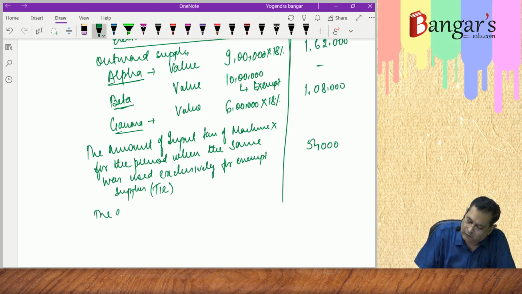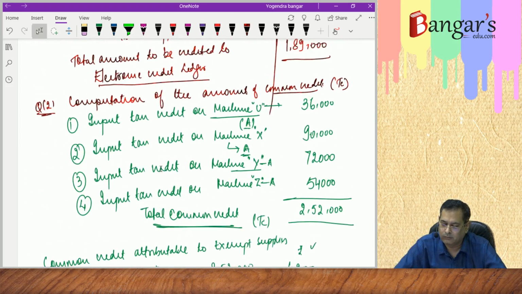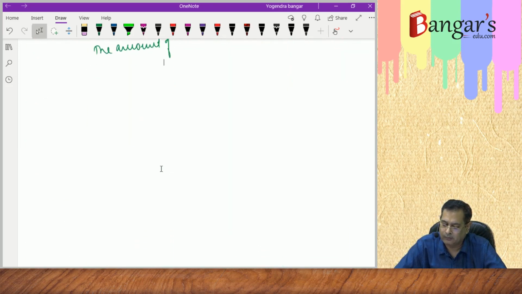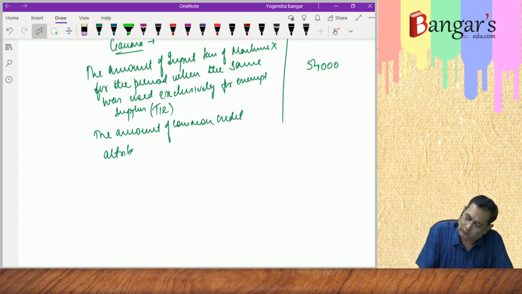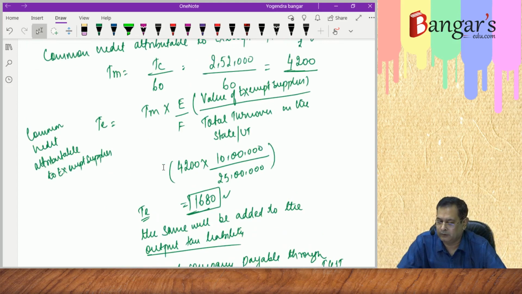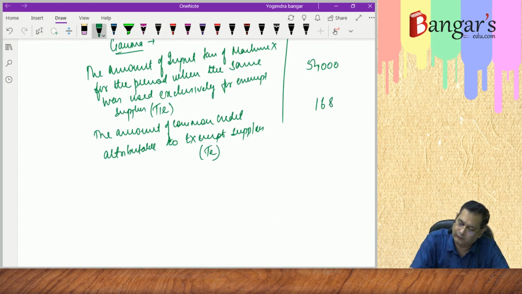And the amount of common credit, considering now all the machines U, X, Y, and Z, attributable to exempt supplies, that is TE. What is TE now as per the revised working? The law has changed, therefore 1680.